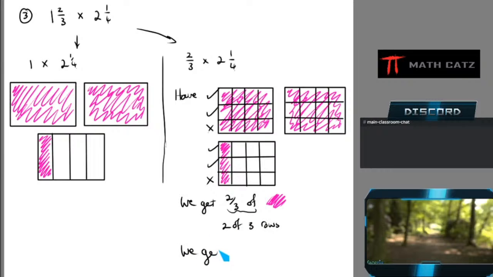So we get 1, 2, 3, 4. Another 4 is 8, 12, 16, and another 2 is 18. I'll remind you they are pink. Okay.